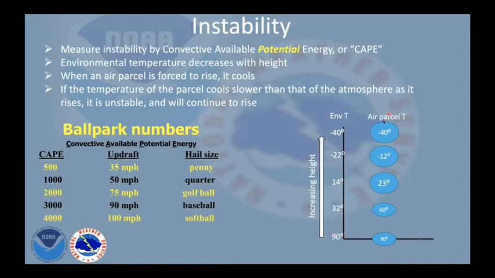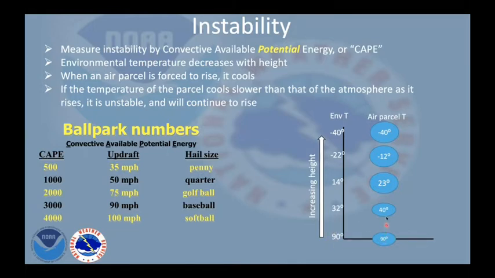Now the air parcel, you have to kind of just picture this, like there's this blob of air. This is the blob, this blue thing. And once you start lifting this blue thing, it's going to start cooling off. The thing is, this air parcel is more moist or more saturated than the environment around it.